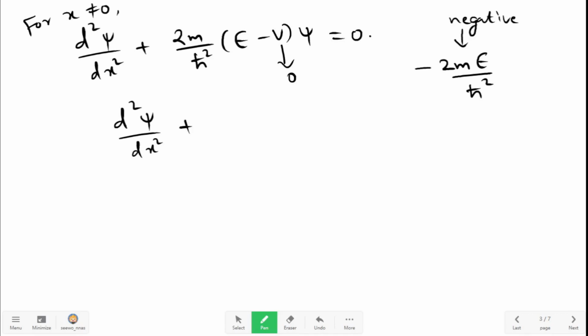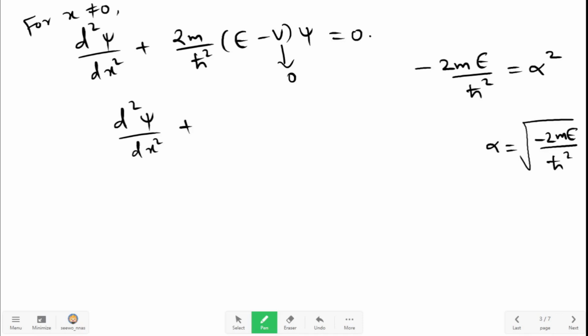Now if I put a negative sign here, then it will make this positive. So now it is positive. Minus 2mE upon h bar squared is a positive quantity now, and I am saying this is equal to square of alpha. Then I will have alpha is equal to root of minus 2mE divided by h bar squared.